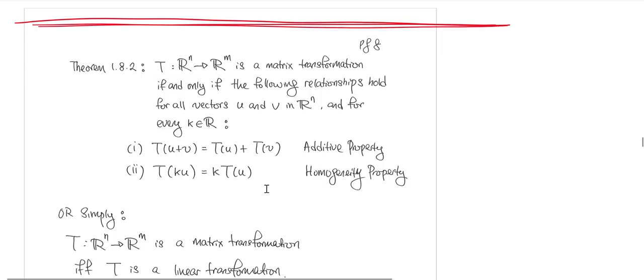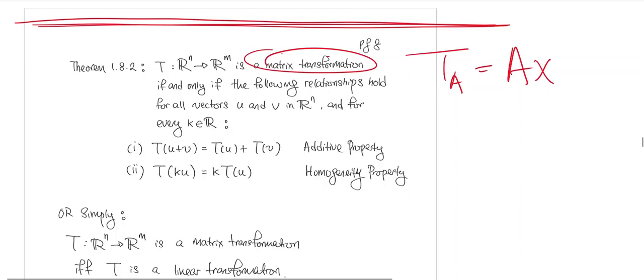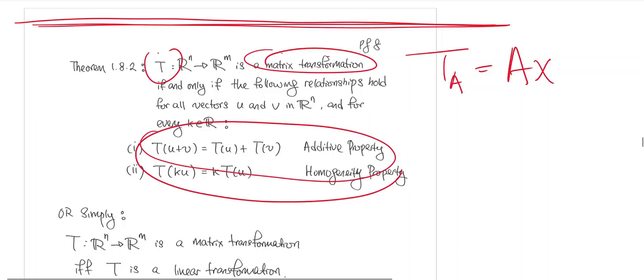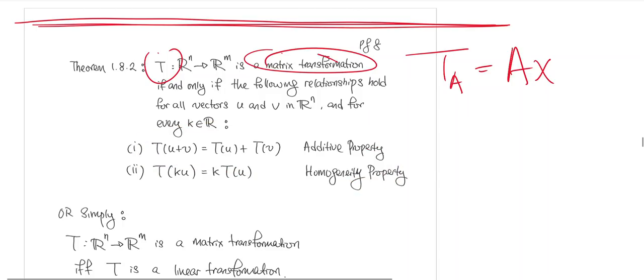Theorem 1.8.2 in your book says that if you have T, a mapping from Rn to Rm, that mapping is a matrix transformation, meaning that it is a transformation of this type, if and only if this mapping satisfies these two conditions, which are the additive property and the homogeneity property.